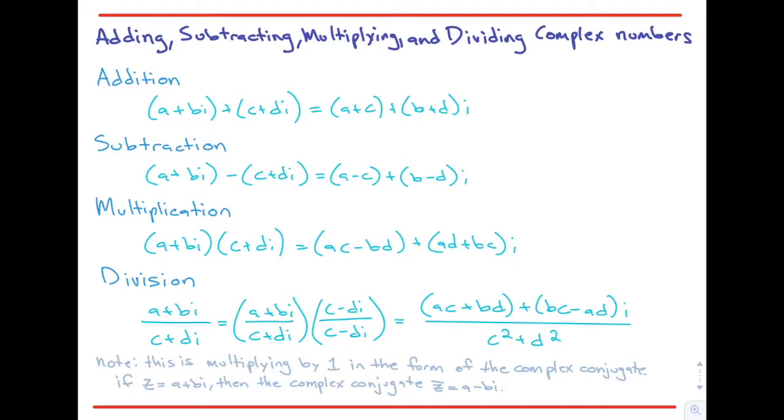So now we multiply by the complex conjugate called z bar. If we have a complex number, z equals a plus bi, then the complex conjugate is z bar, and that equals a minus bi. So now let's see a quick example of that so you can process how that works.